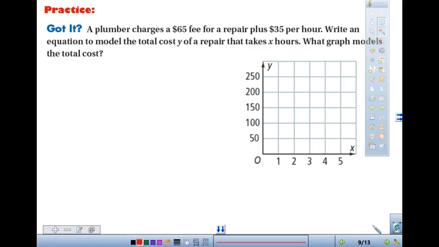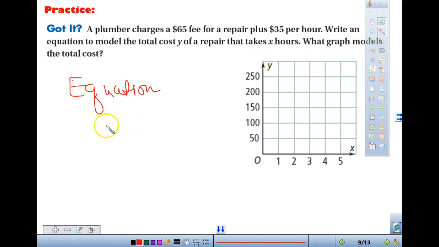If you would read the situation for us, please, Natalie. Next Homer charges a $65 fee for a repair and $35 per hour. Write an equation to model the total cost, y, of a repair that takes x hours. What graph models the total cost? So today's equations, they gave you a point and the slope.